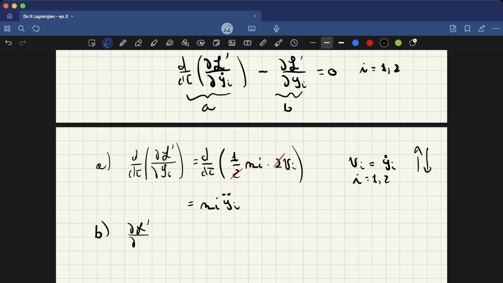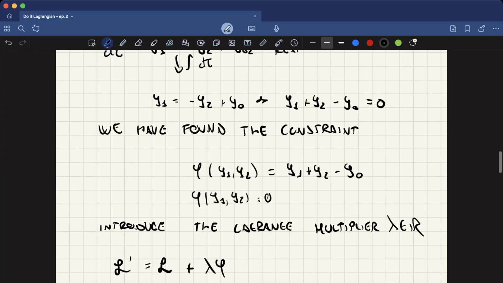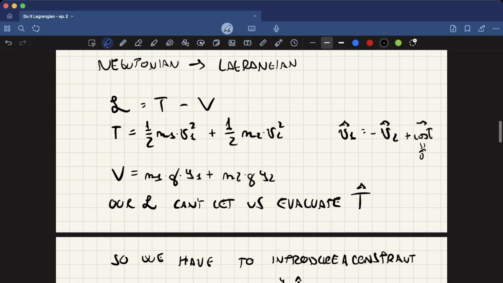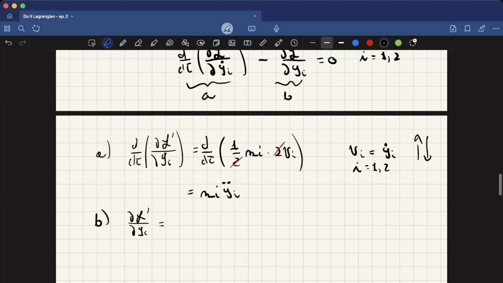So ∂L'/∂y_i will be equal to, so we first differentiate the potential part, which in this case we have written here. For simplicity, let's just write it as ∂/∂y.